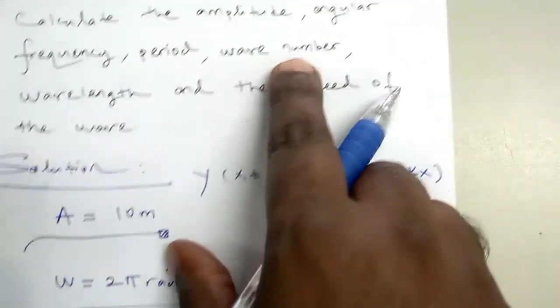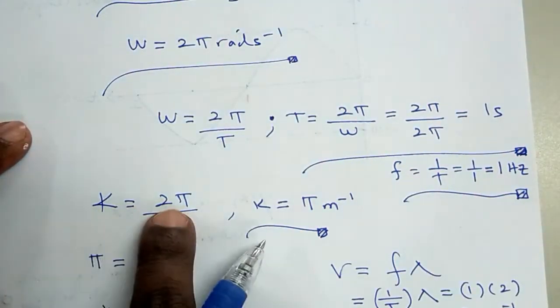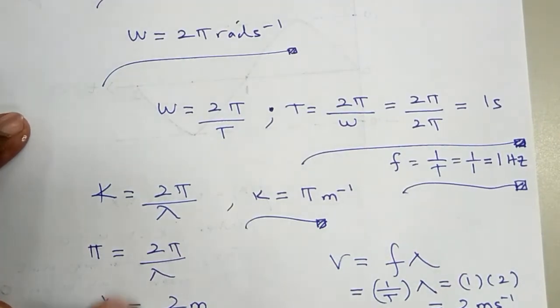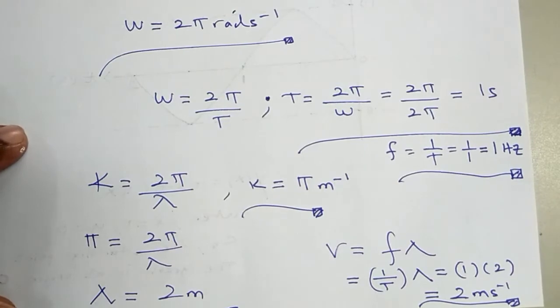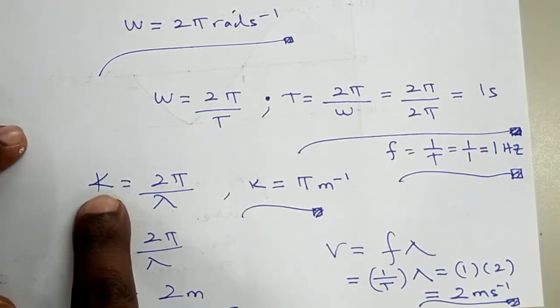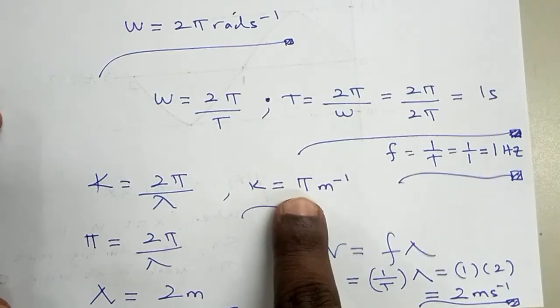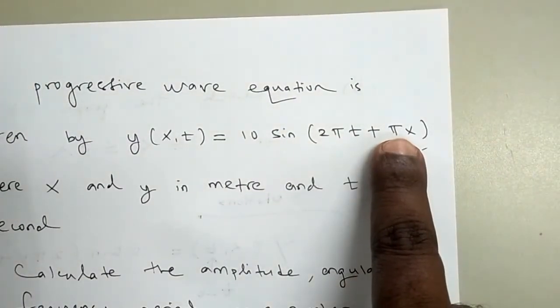Wave number, you can get it from k equals 2 pi over lambda, and from this wave number we can find the wavelength, where the wave number is pi per meter from the given equation, k equals pi.